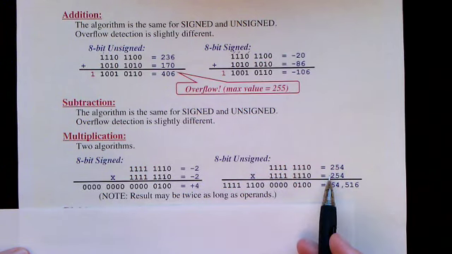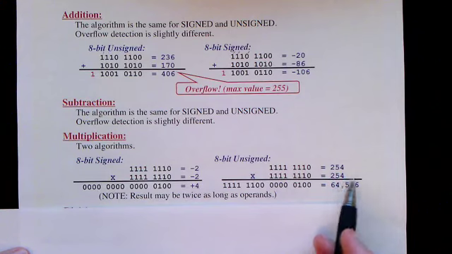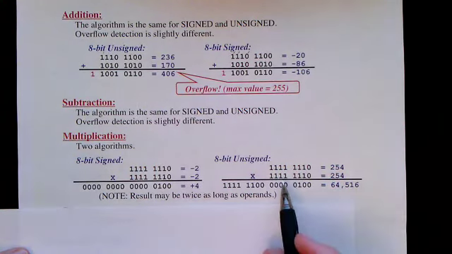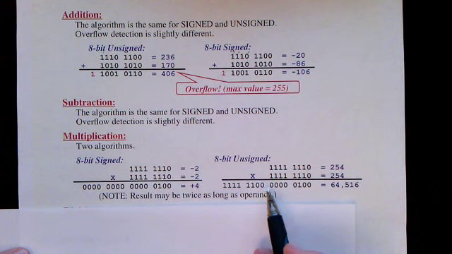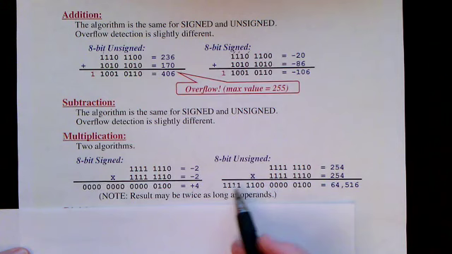And if we multiply 254 times itself, we get 64,516. And as an unsigned number, we are required to use twice as many bits, namely 16 bits, to represent it.